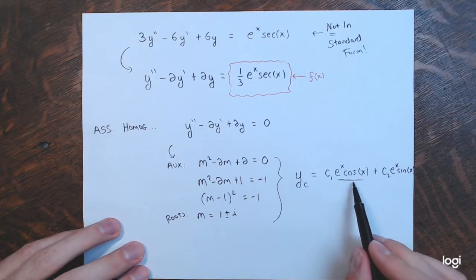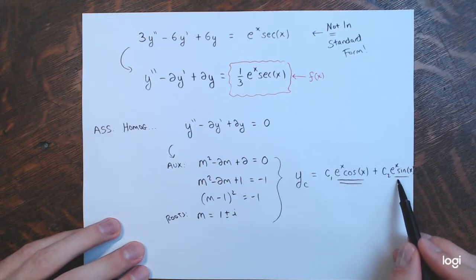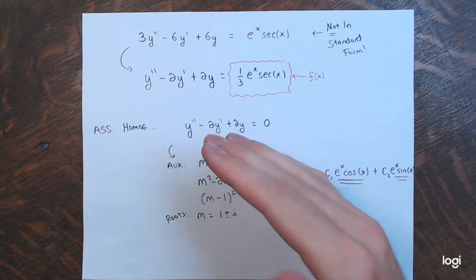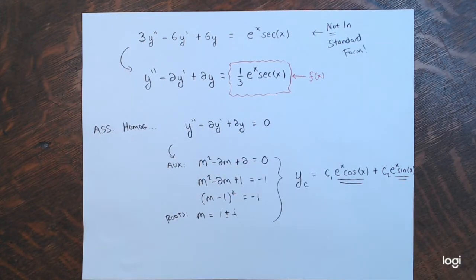I'm going to be using these two independent functions, e to the x cosine x and e to the x sine x, when I set up my Wronskian in a little bit. Alright, so I've got the complementary function, the solution to the associated homogeneous.